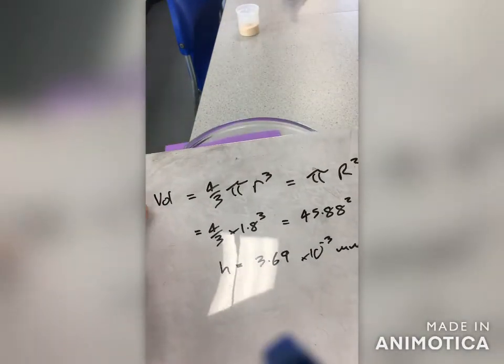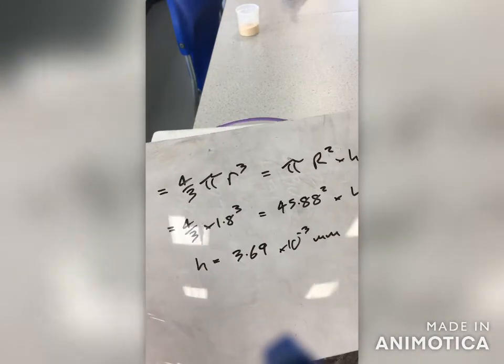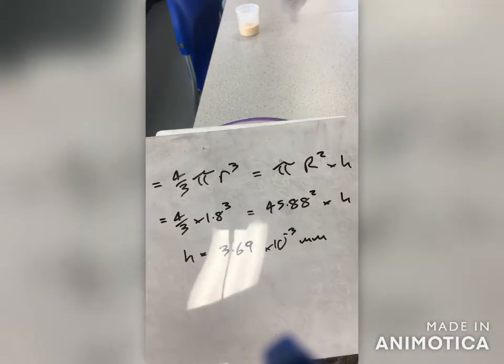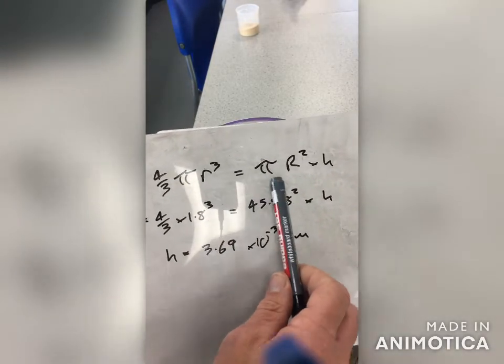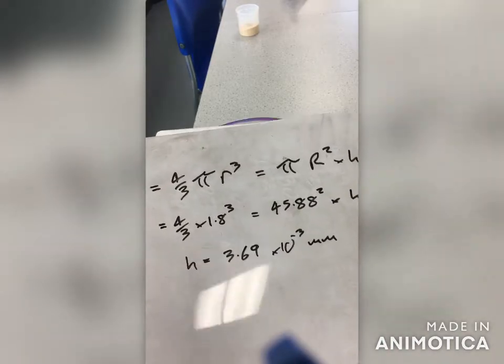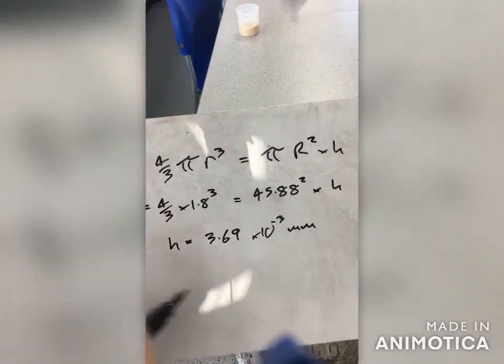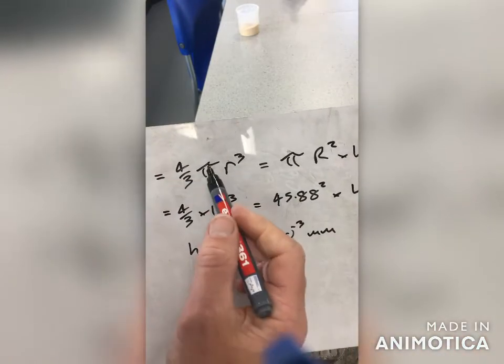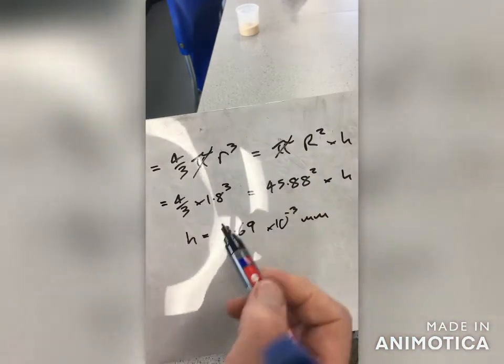So in terms of mathematics, I've got my volume of the sphere, which is 4/3 pi r cubed. I've got the area and depth of my cylinder, which is pi r squared, a different r, big R, times h. They've obviously both got pi in, so I can ignore that.